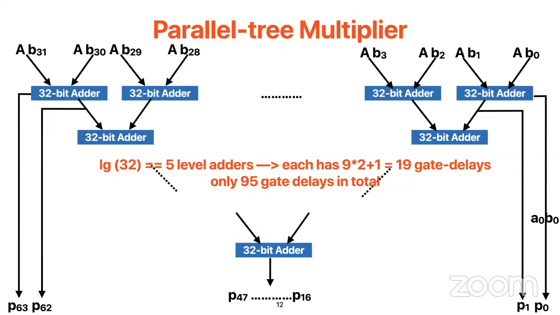But because we organize these 32-bit adders as trees, the effective latency is only 5 levels of carry lookahead adder delays. So it's only about 95 gate delays, which is 8 times better than the array style. So these are the multipliers that we learned so far.